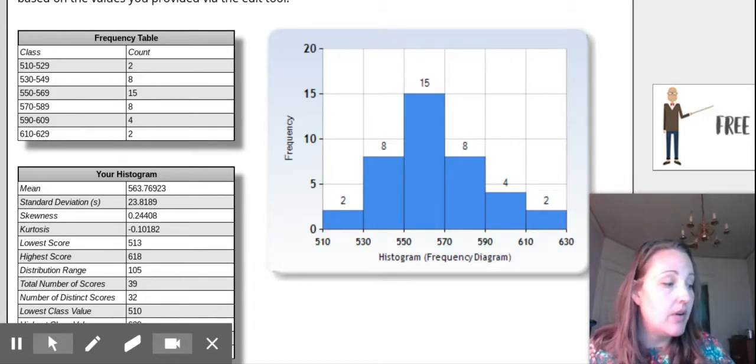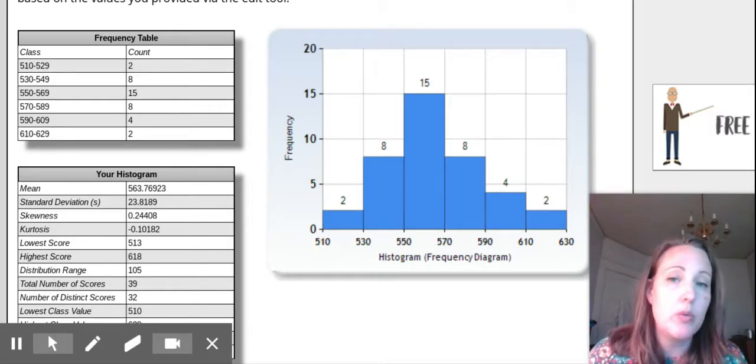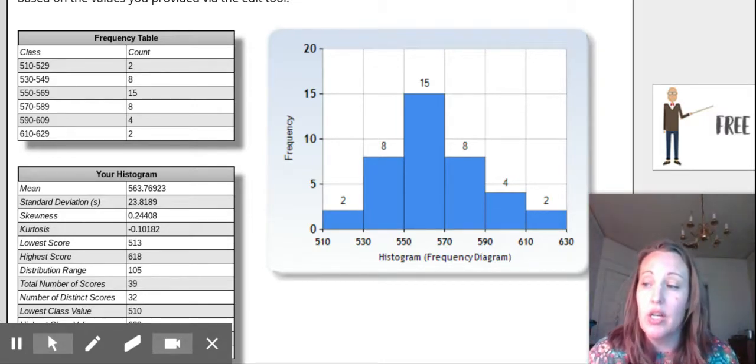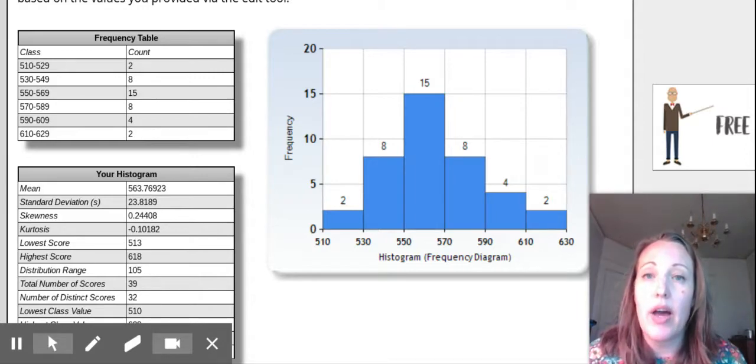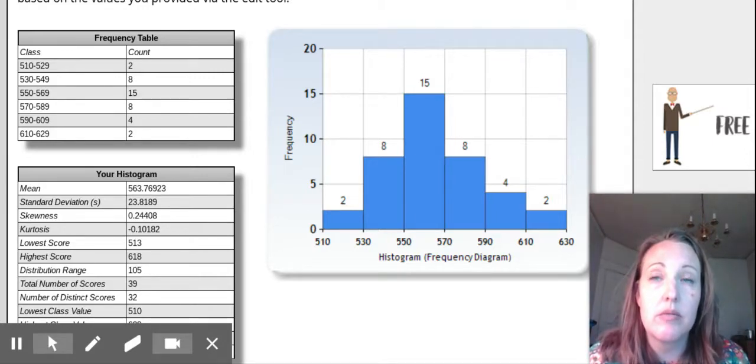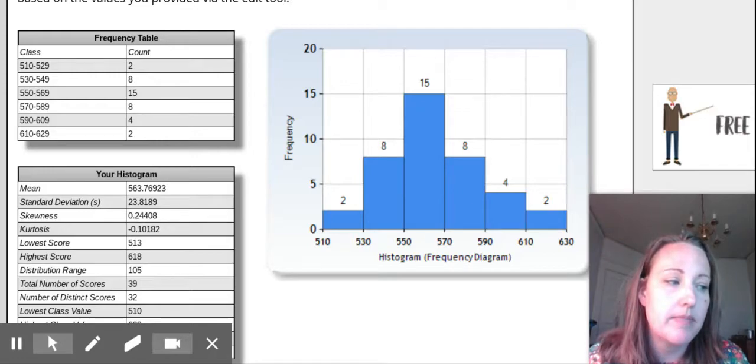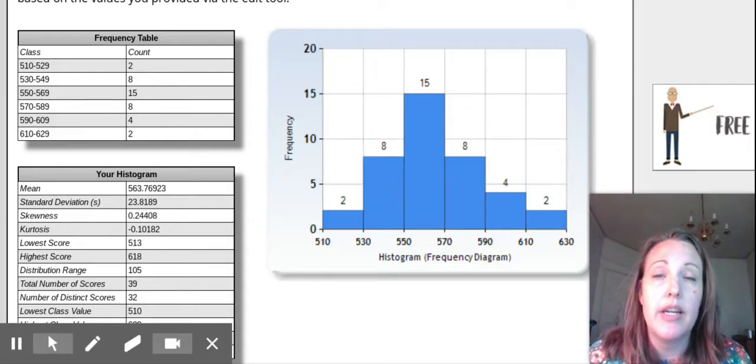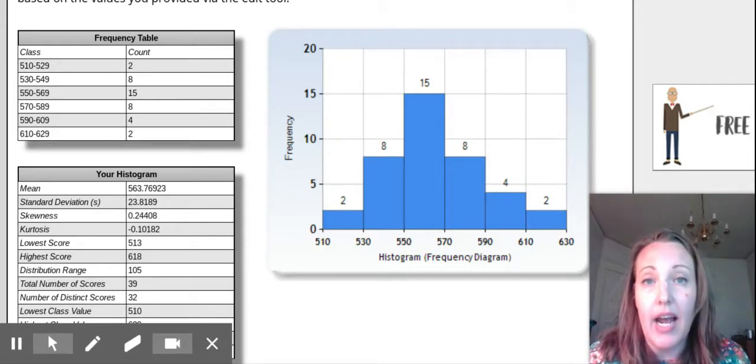Now if we were to figure out the median, we would find the center piece of data. As I said, there were 39 observations in our data, and so the center would be half of that. Half of 39 is 19 and a half.